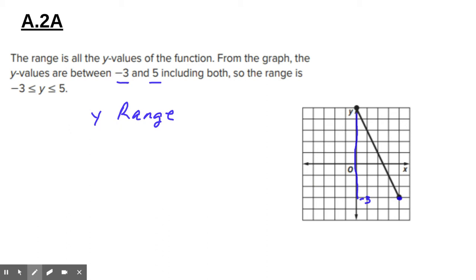So we know the range from -3 all the way up to 5 is what they're talking about. So that's what that means. We can see from that line the values are -3 to 5. That's all they're saying.